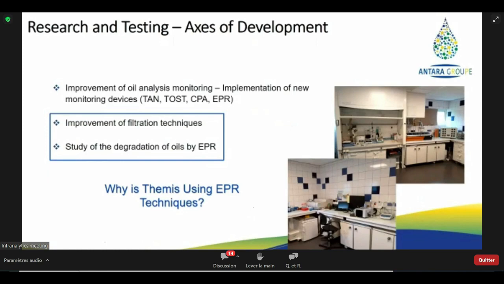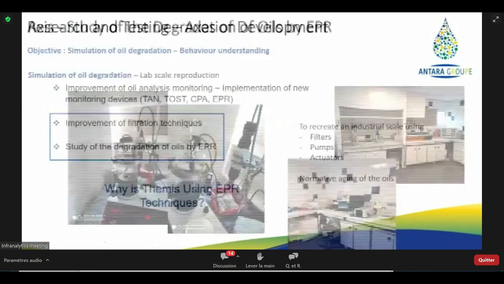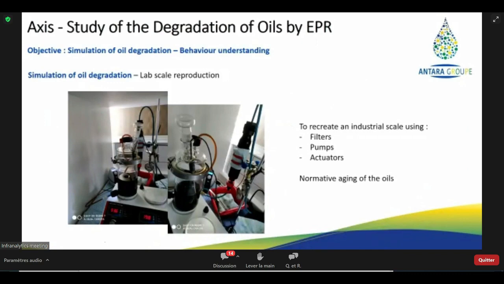So why is THEMIS using EPR and what can this technique bring us? Well, it's especially to study the degradation of oil. And to do so, we start by simulating the oil degradation. To do that, we put in place a lab scale reproduction, which reproduces what happens in an industrial system, like a real system in an industry.